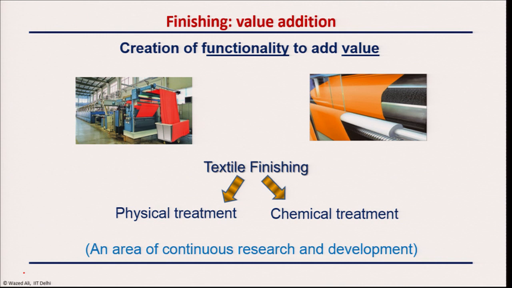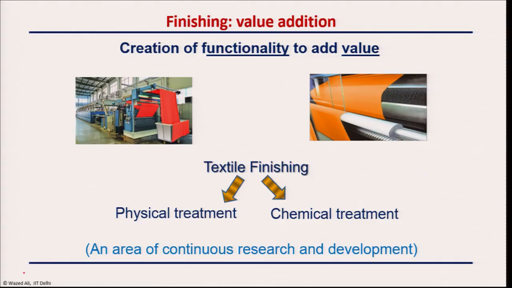So, the moment we talk about textile finishing, the highest value addition in textile chemical processing happens in the finishing segment, right. Finishing means giving different kinds of functional properties to add value, and this functional property can be developed on textile material in two different ways that we all know.